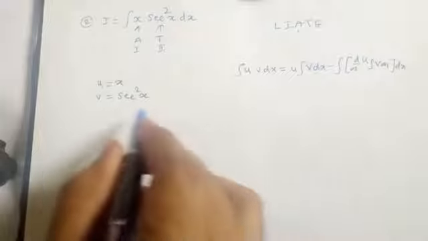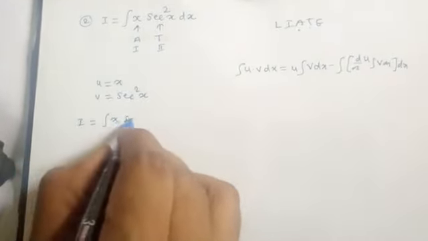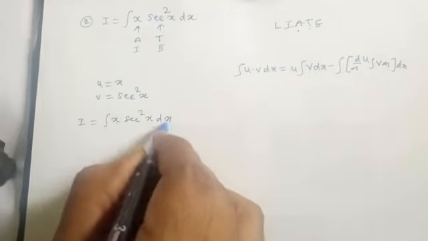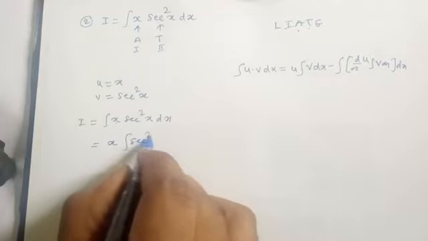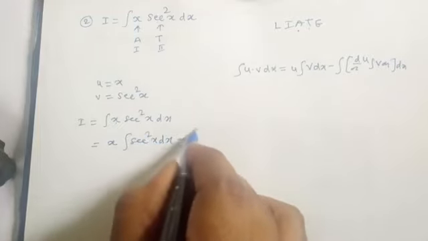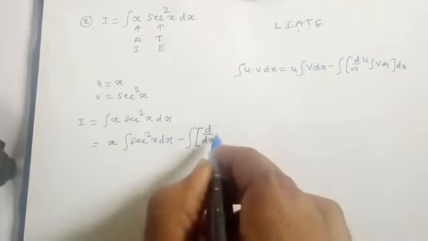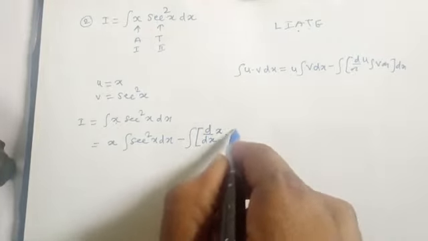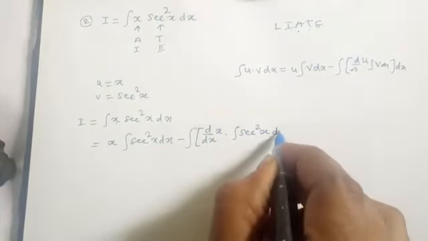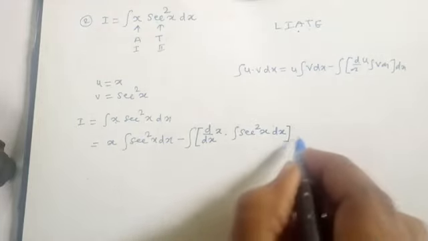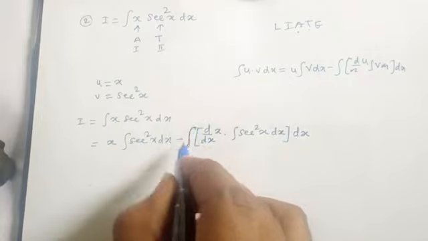So our integration of x sec square x dx is equal to the first term as it is into the integration of the second term, minus the integration of the bracket of the derivative of the first term, x, into the integration of the second term, the integration of sec square x dx. This bracket complete, and also dx for this integration.